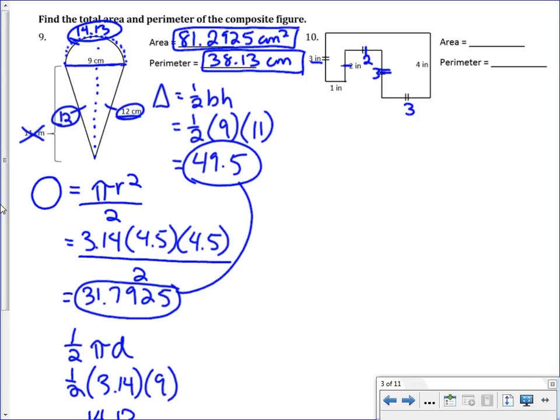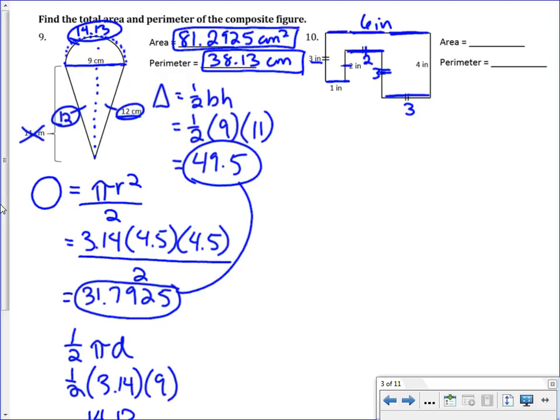All right, that means the only thing I'm missing now is the top. So I need to look at what equals the top. From here to here, it's 1 inch. That means from up here, that's 1 inch. From here to here, that's 2 inches. That means from there to there, it's 2 inches. From here, it's 3 inches. That means this is 3 inches. So 1 plus 2 plus 3 gives me 6 inches for the top there.